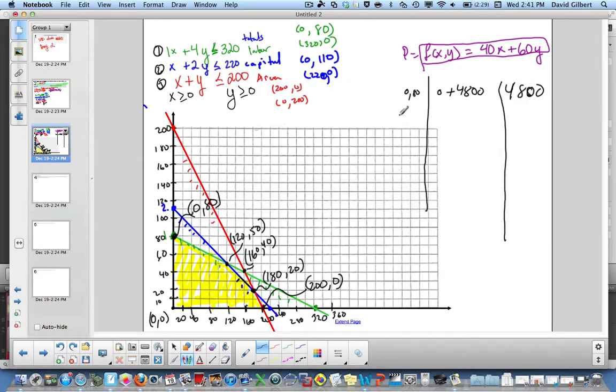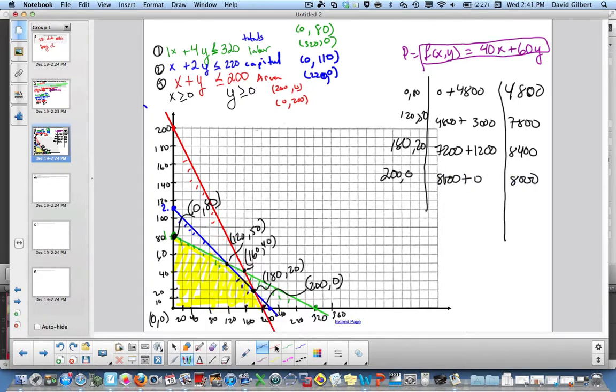And then our other points, 120, 50 gives us 4,800 plus 3 grand, which is 7,800. Our other point is, this one's not on the edge of the feasible region, so we don't care about that for right now. 180, 20, and we plug that in and we get 7,200 plus 1,200, which is 8,400. And then our last point, 200, 0, we get 8,000 plus 0 equals 8,000.